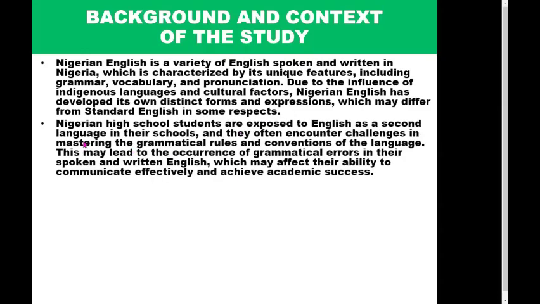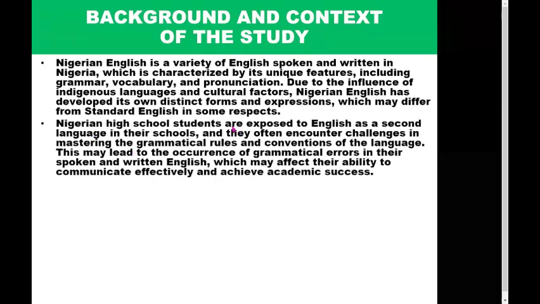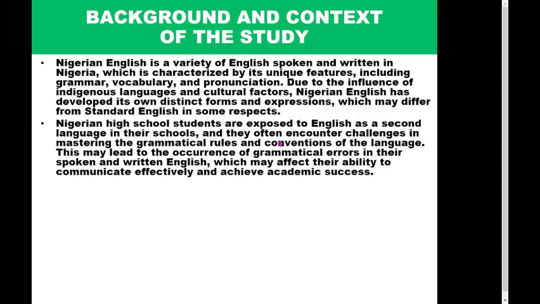Moving further, we have Nigerian high school students are exposed to English as a second language in their schools, and they often encounter challenges in mastering the grammatical rules and conventions of the language.